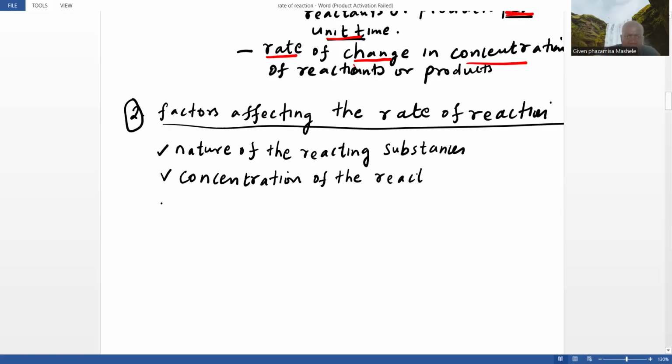Thirdly, we have the temperature of the reacting substance. Let's just say temperature. Fourth, it is the pressure in gases.